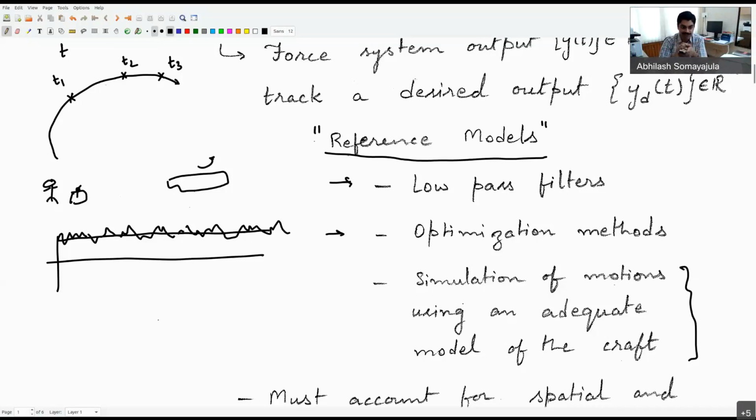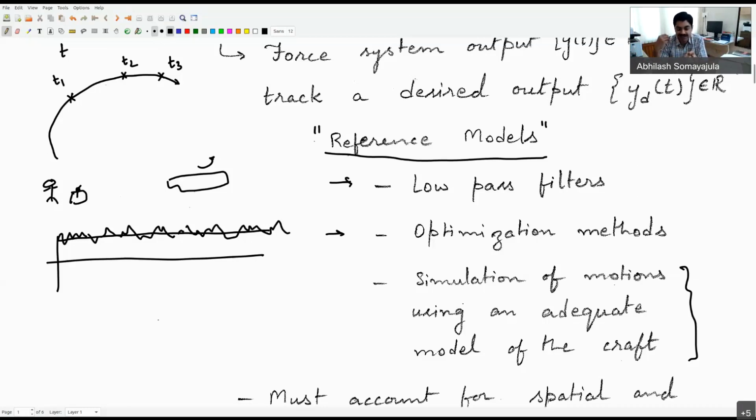Or a supply vessel has come and I'm trying to take some equipment from it and put it onto my offshore structure. There will be a person manning that vessel, a person on the crane, and a person on the offshore structure as well. And they will be giving commands like, I need to lift this up now, or I need to increase my speed now.